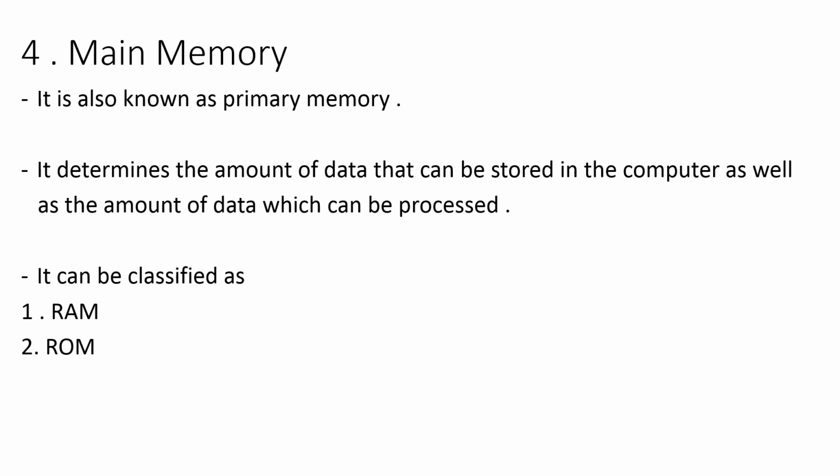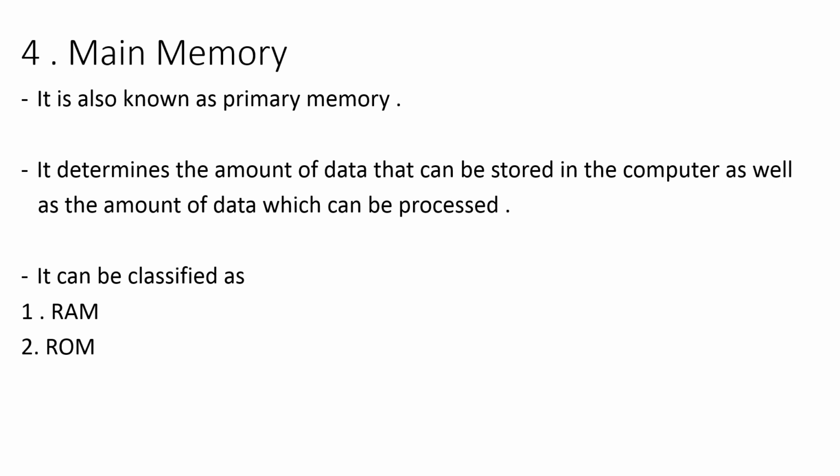If the data that you are storing inside your computer is oversized and doesn't meet the need of the computer, the computer cannot store it. How can it be determined whether the computer can store or not? It is determined by the main memory only.